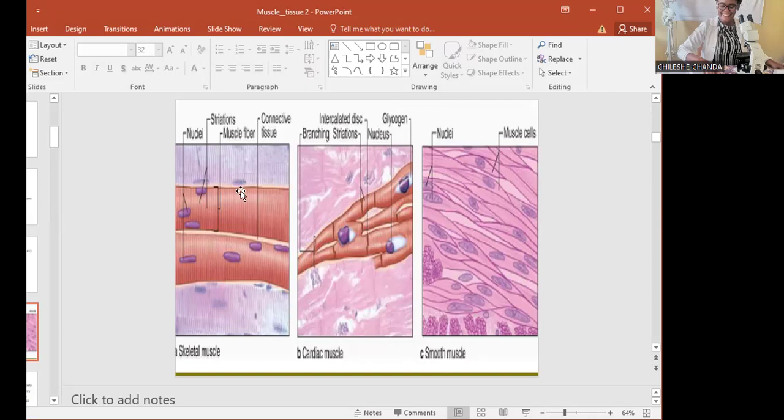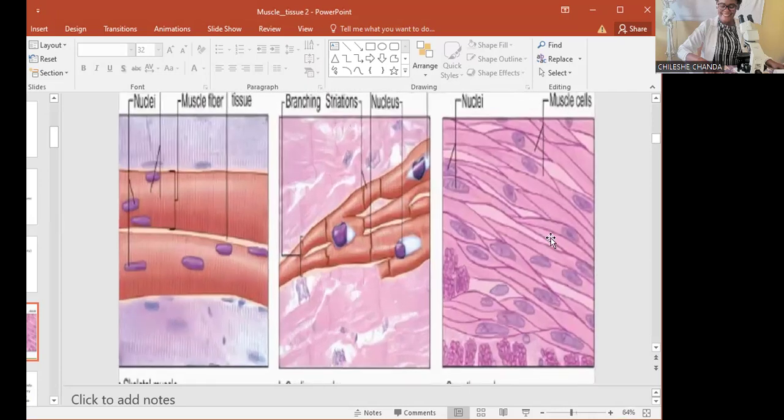Now, in this picture, you will realize that when you look at skeletal muscle nicely, you will notice that 1, it appears as if it has stripes, long across, like it has stripes. This is why it is known as a striated muscle, because when you look at it under the microscope, you are going to see these stripes, okay? These stripes running from this side to this side.